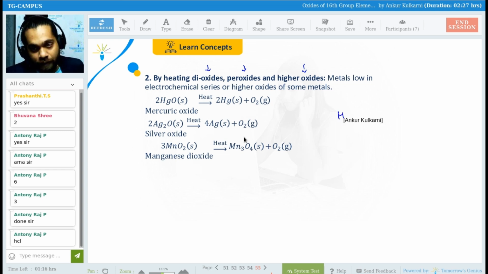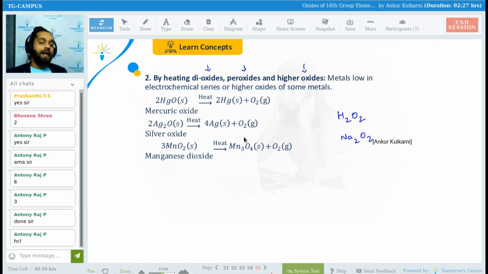One is your peroxide salt also, sodium peroxide, Na2O2. Very good, Bhuvaneshwari, even BaO2 is a peroxide. So when I say peroxide, what is the peroxide linkage?